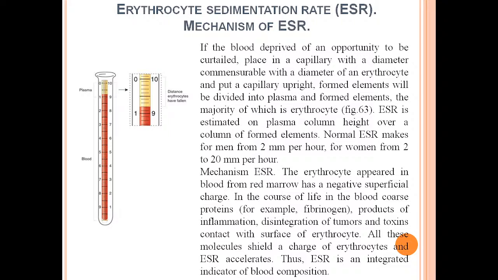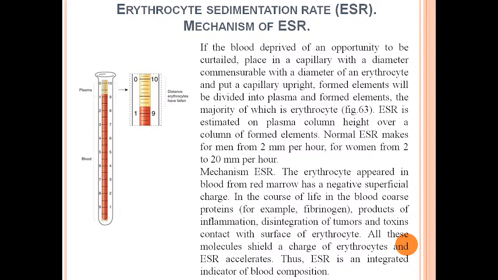Normal ESR makes for men from 1 to 10 millimeters per hour, for women from 2 to 20 millimeters per hour. Mechanism of ESR. The erythrocyte appearing in blood from red marrow has a negative superficial charge.